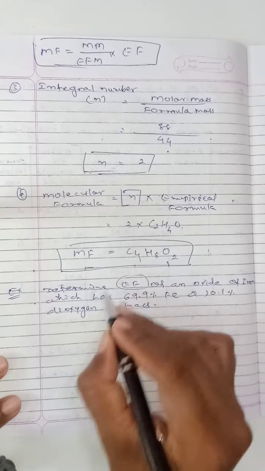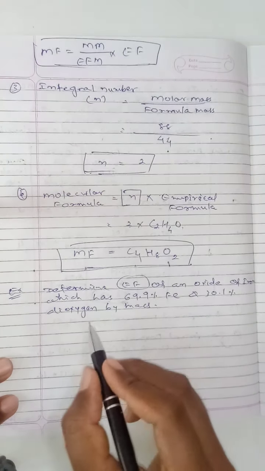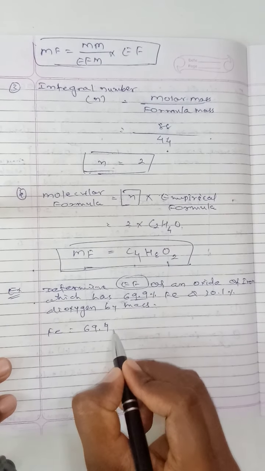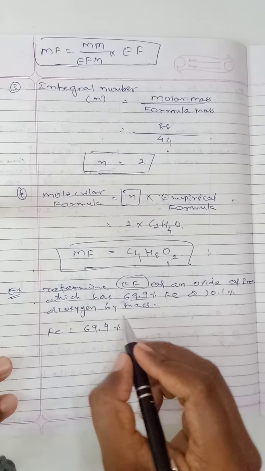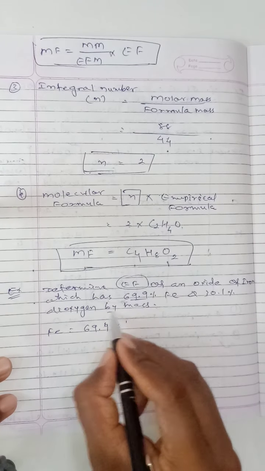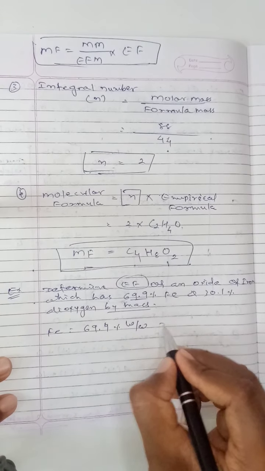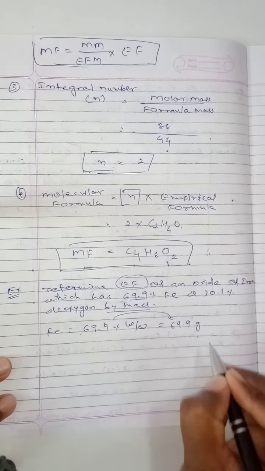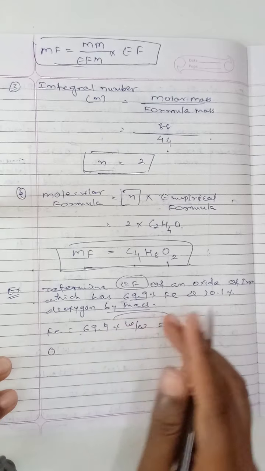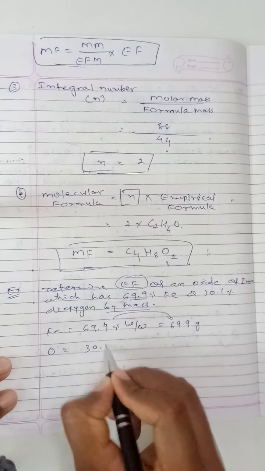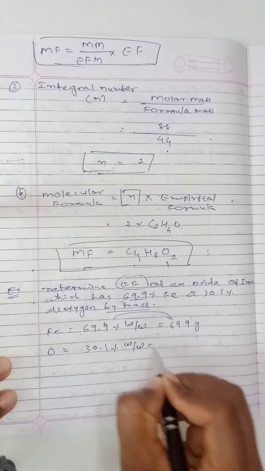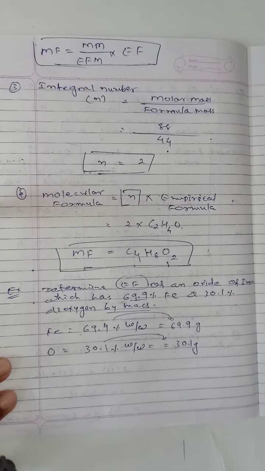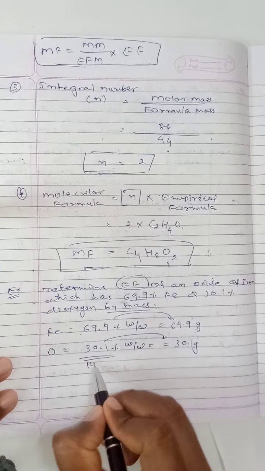Determine the empirical formula only. We have the data for Fe 69.9% by mass, that means weight by weight. From this data we can write 69.9 gram, and percentage of oxygen equal to 30.1% weight by weight, so 30.1 gram. And total that is 100%.